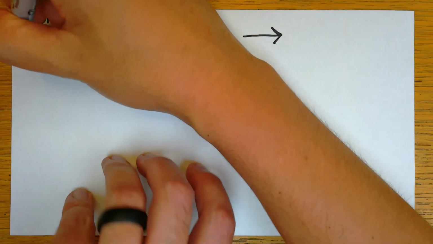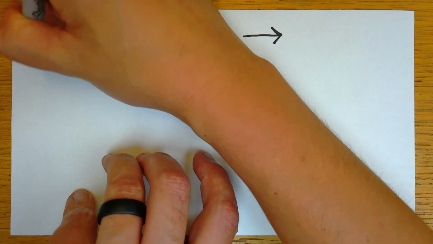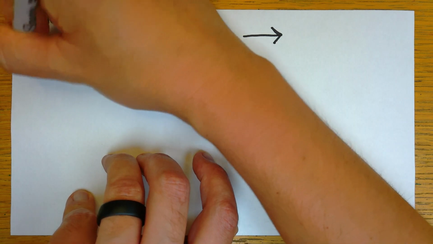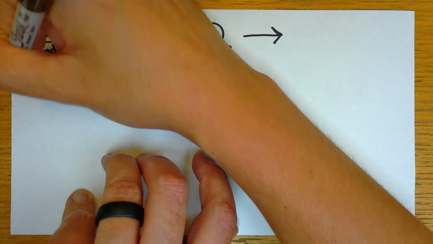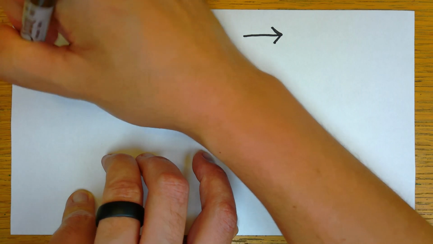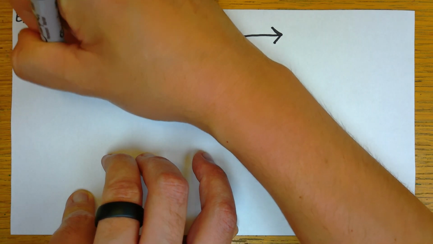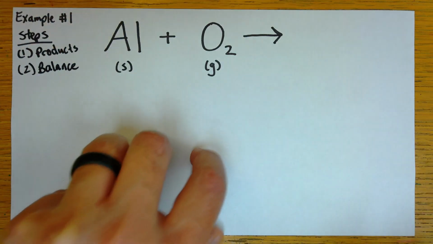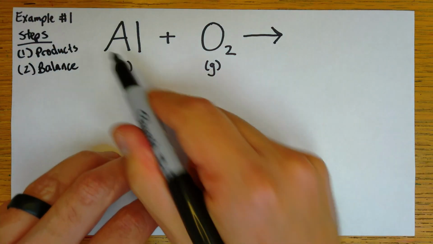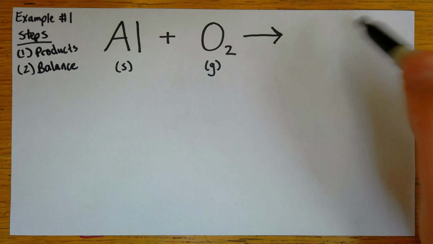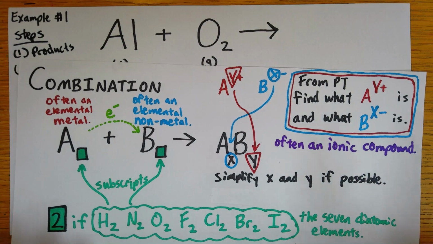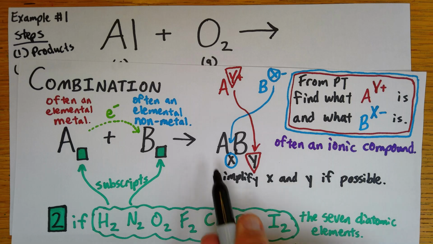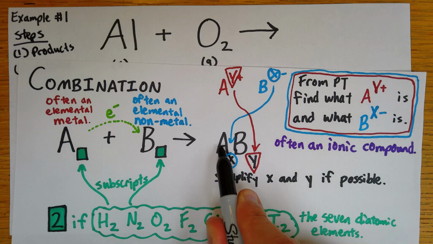So just to remind you of the steps for a reaction: number 1 is products, and number 2 is to balance. Okay, so we have to figure out how these combine to make a neutral ionic compound. So using our template from earlier, we're going to go to the periodic table and find the common charges for aluminum and oxygen.